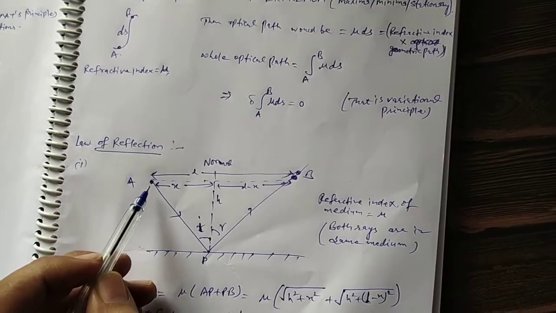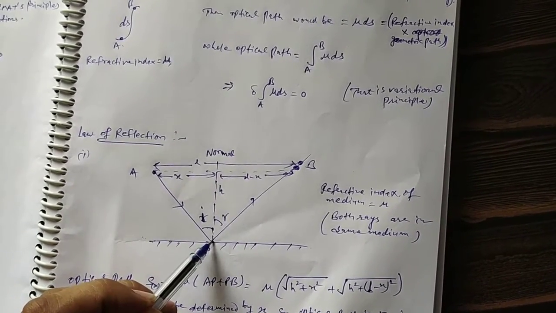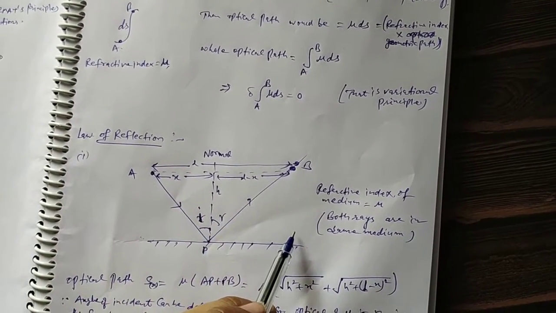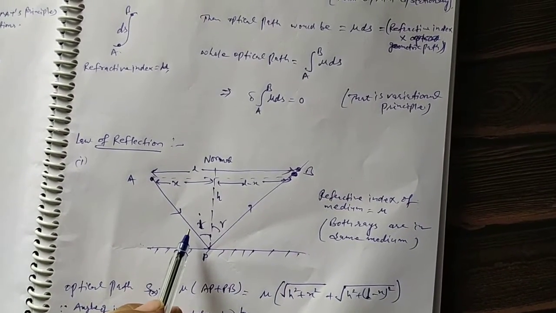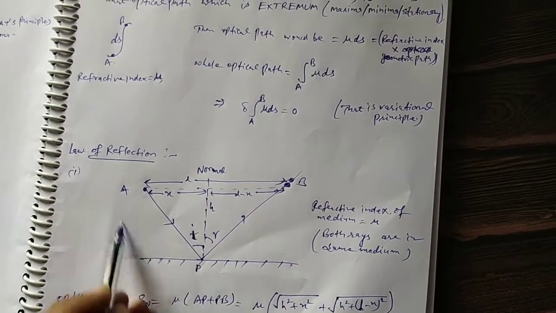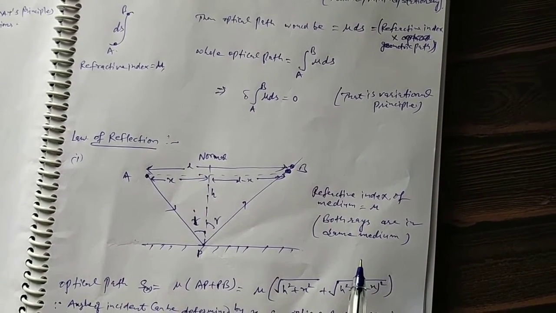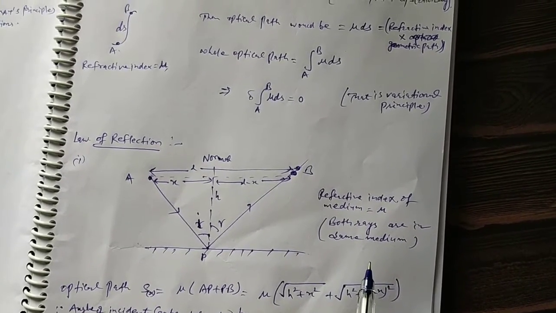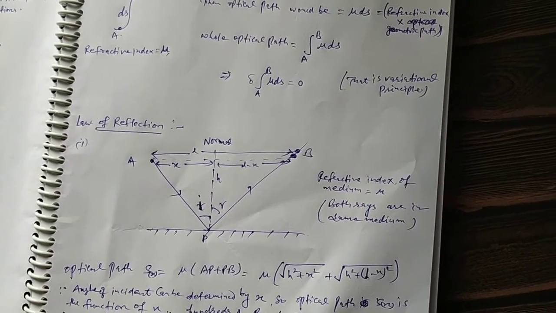In the case of reflection, the incident rays are reflected back in the same medium, so the refractive index will be the same. If the refractive index is the same, then the medium is called homogeneous. If there are two different media of refractive index mu1 and mu2, as in the case of refraction, that medium will be called inhomogeneous.